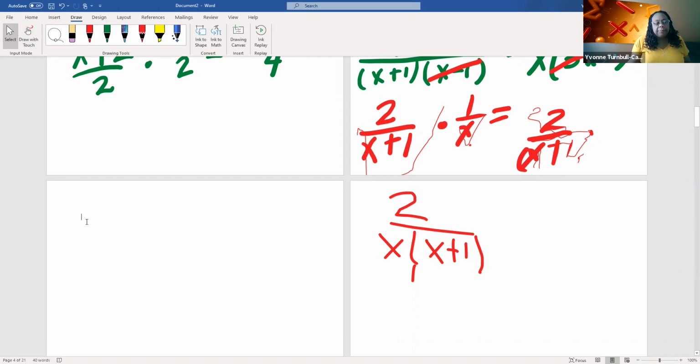Let's see if we can find a problem that's a little bit more challenging. And I see one that has a trinomial. Ugh, a trinomial. Okay, let's see.